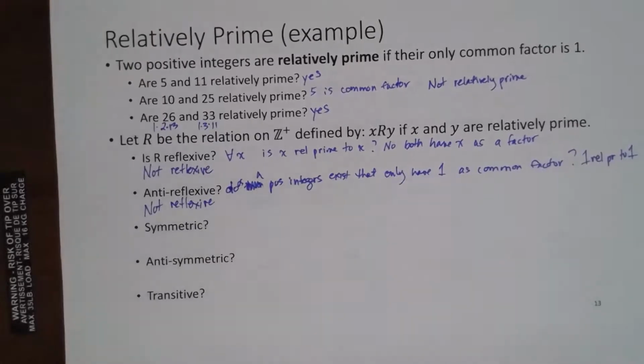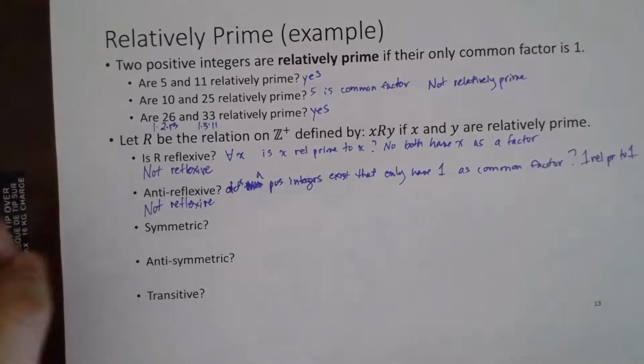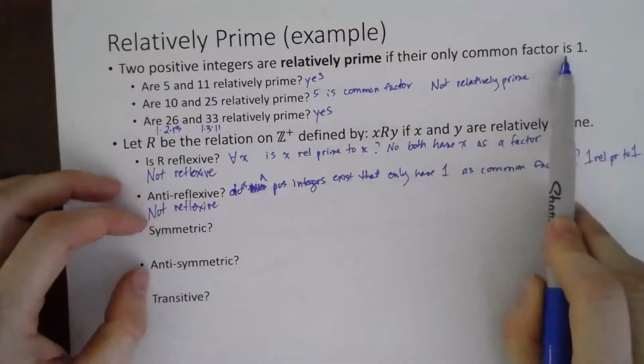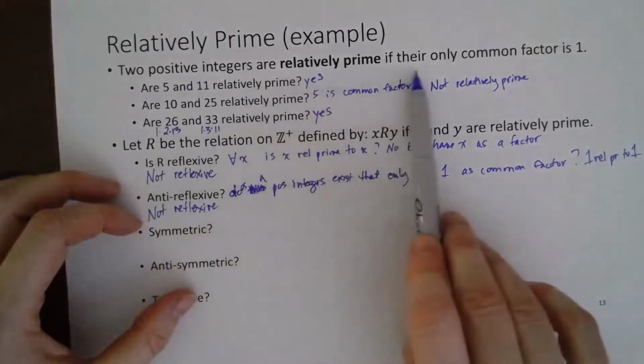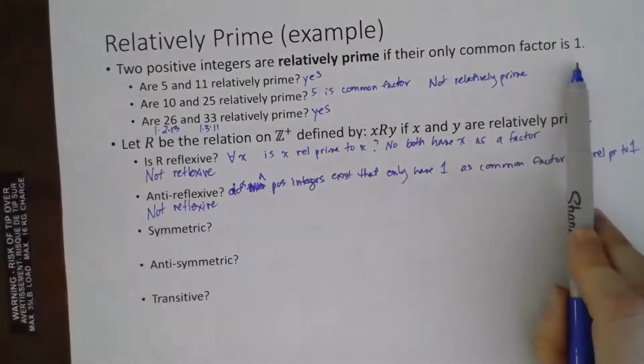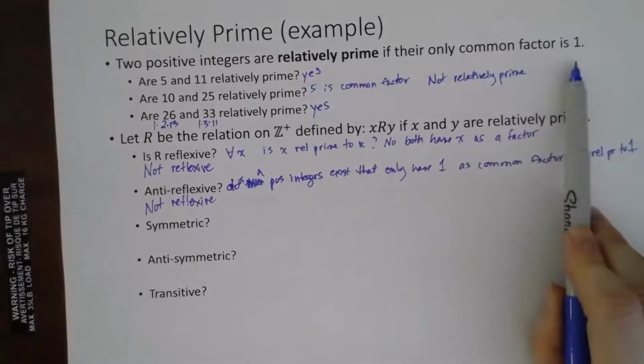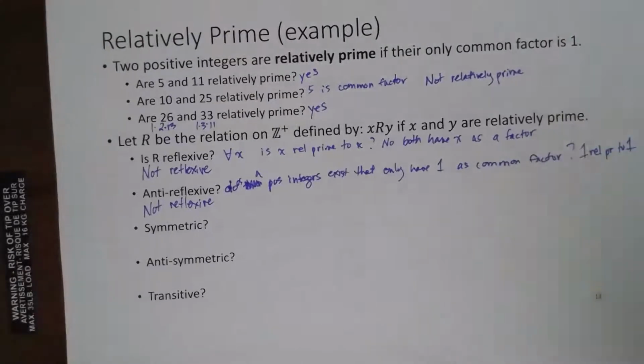Yes? But their only common factor is 1. Yep, that's their only common factor, and that's the definition. Two positive integers are relatively prime if their only common factor is 1. So it actually meets that definition.